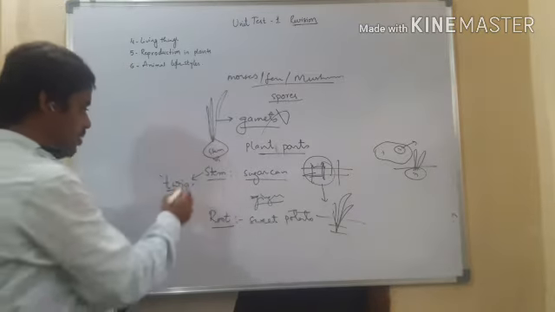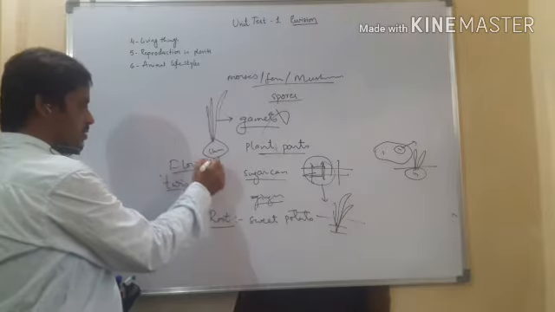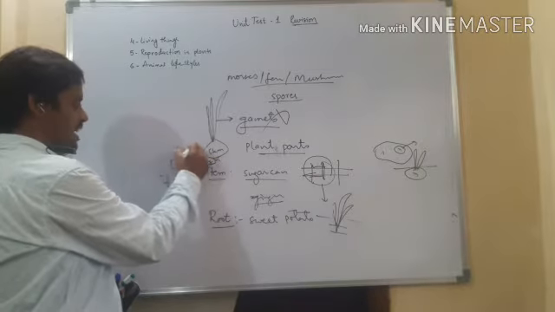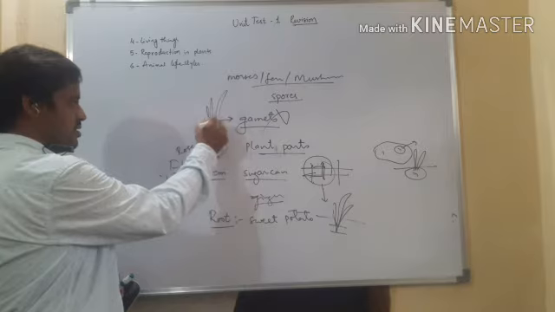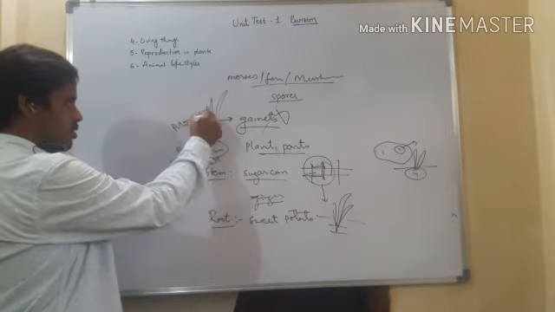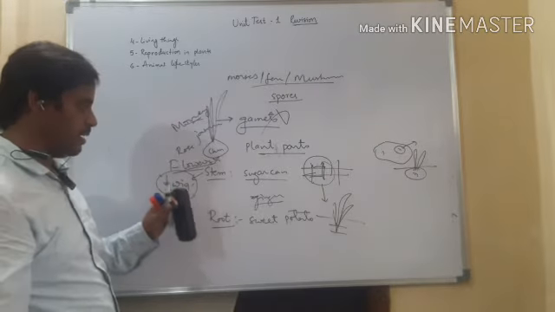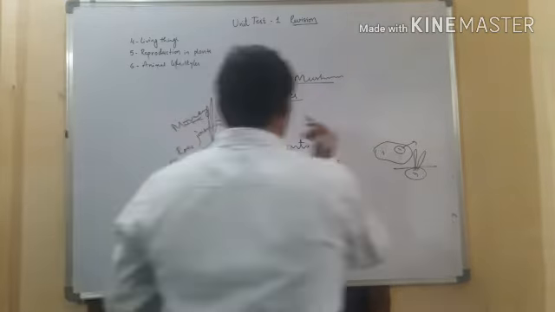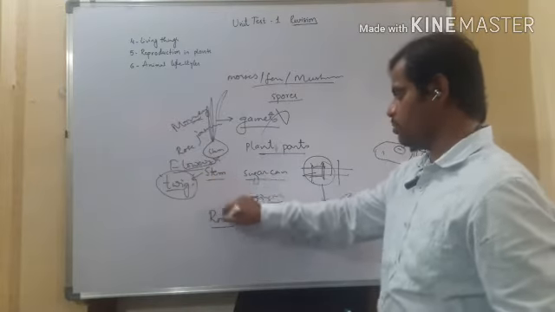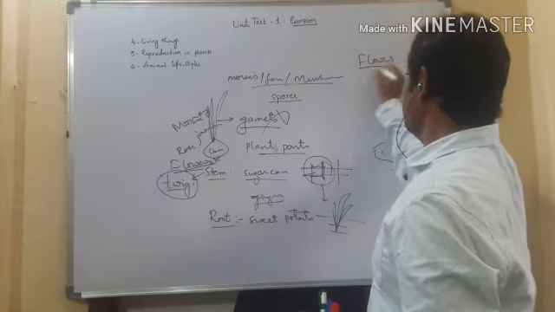So flowering plants, mostly flower giving plants like rose and jasmine, or otherwise money plant, can reproduce by their twig or stem, right? And now, stem, root, flower. Now reproduction by flowers.